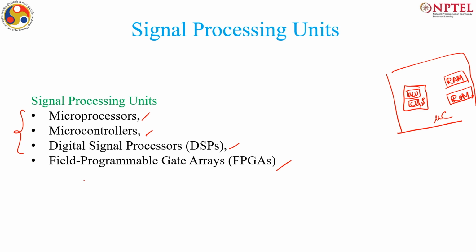But in field programmable gate arrays or FPGAs, the hardware connections are altogether changed when you reprogram it. So, you have to use some HDL or hardware description language to code it into the FPGA, and the hardware connections are changed for this FPGA, and that is why it is called field programmable. But in the other architectures, the architecture will be the same, only the content of the program memory will change.